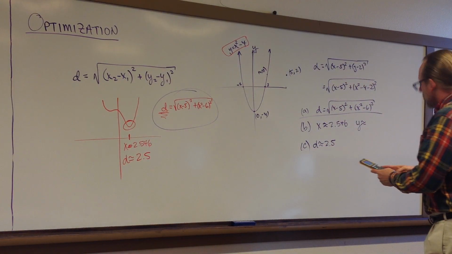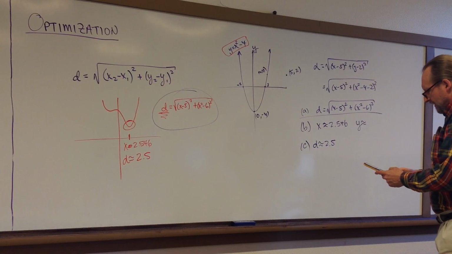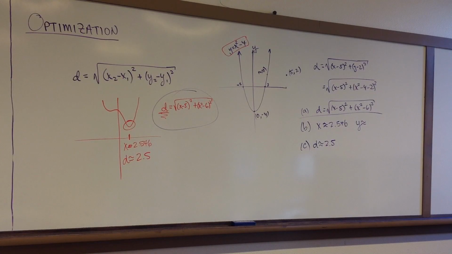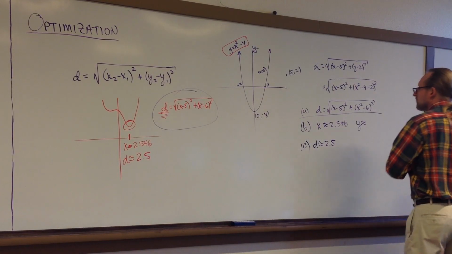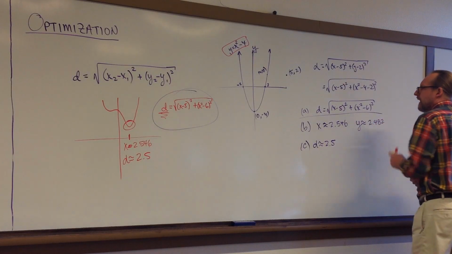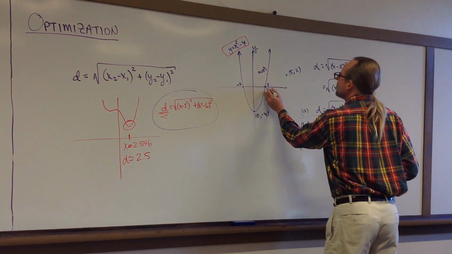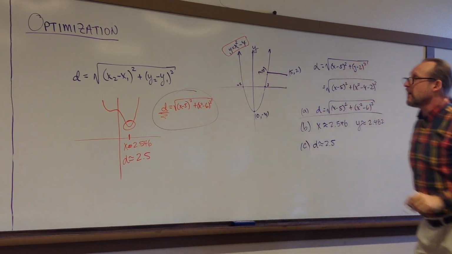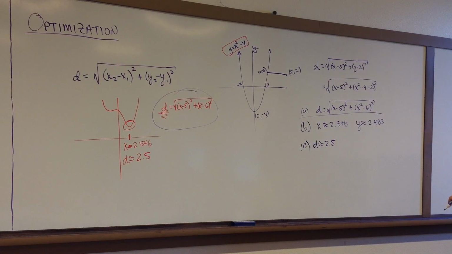So let's do that. 2.546 squared minus 4, 2.482. Okay, so 2.546, 2.482, it's just about right where I had put that x, y point.